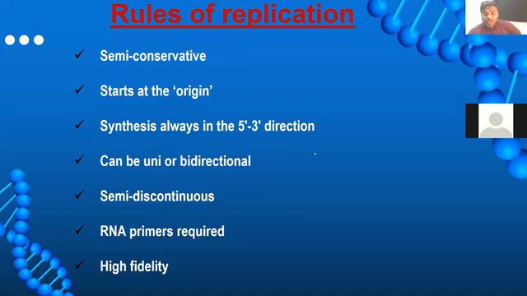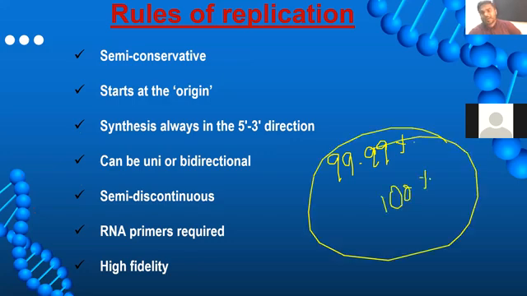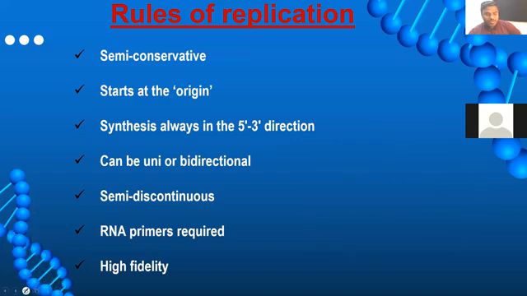The accuracy should not be 99.99%. The accuracy should always be 100%, because even if 0.1% of mistake is present, if the same mistake passes to the next generation, it becomes permanent and causes cancer. That's why DNA replication should be 100% accurate, not 99.99%.